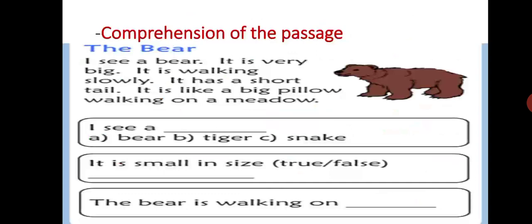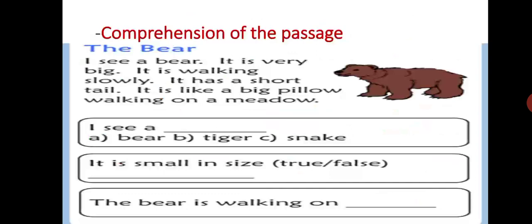So, this picture shows the comprehension of the passage. The way we are showing this picture is very useful for lower class students and beginners of the learning of a language. So for beginners, this picture is very important.